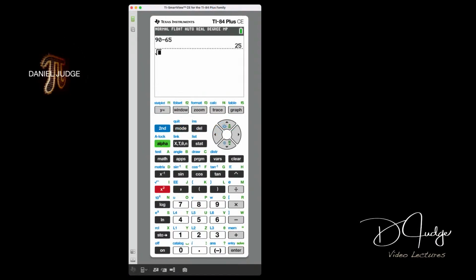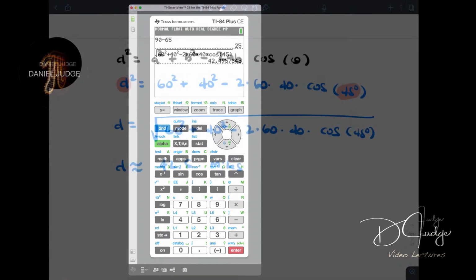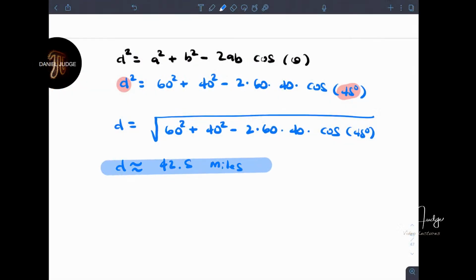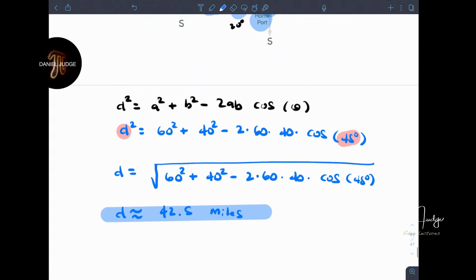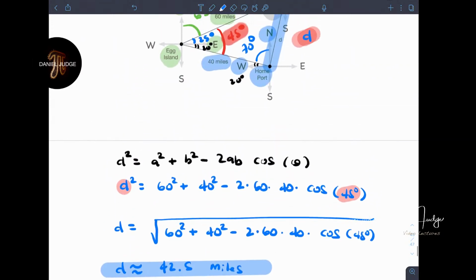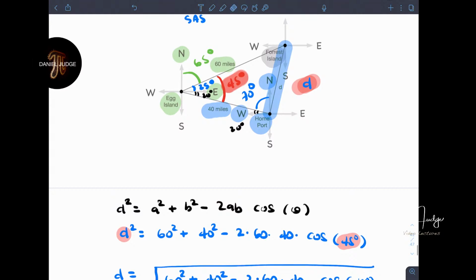Square root of 60 squared plus 40 squared minus 2 times 60 times 40 times cosine 45 degrees. We get 42.5 miles. And there we go. So we're going to put that there.